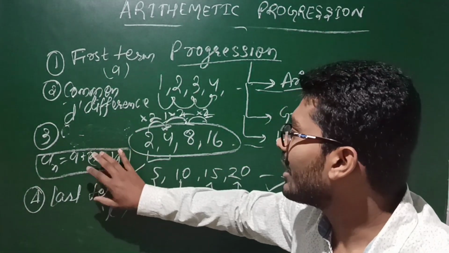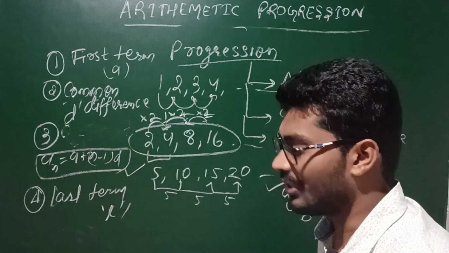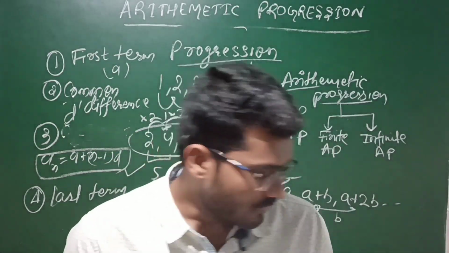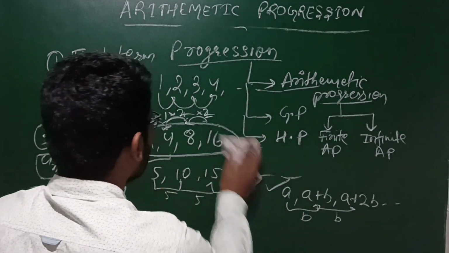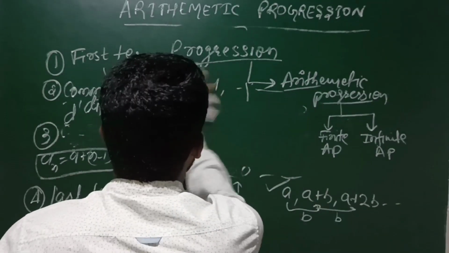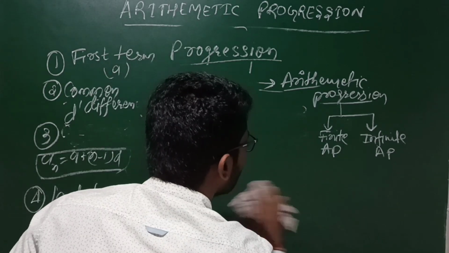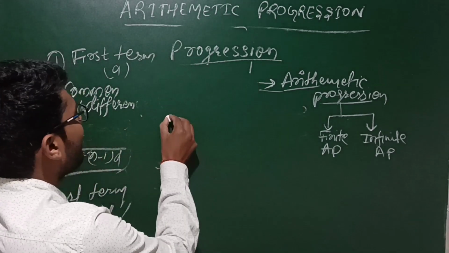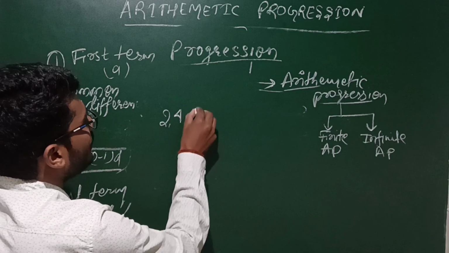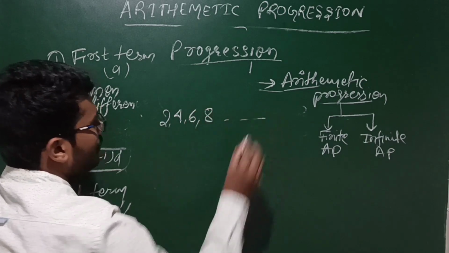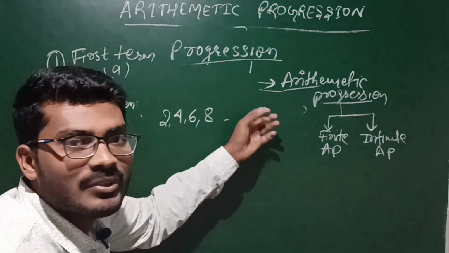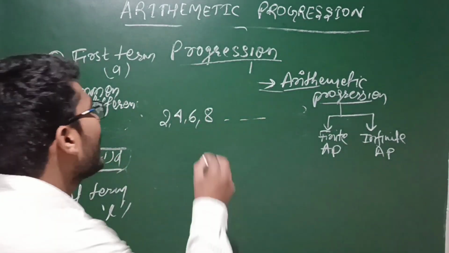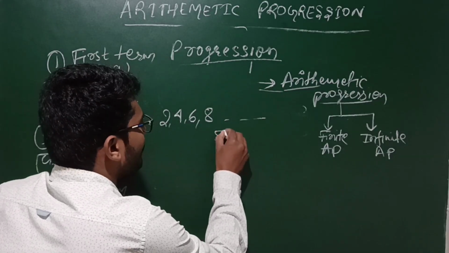Now, how can we calculate the nth term of an AP? Let's suppose we have an AP 2, 4, 6, 8, and so on, and this is an infinite AP, so we do not have the last term. We have to find the 50th term.